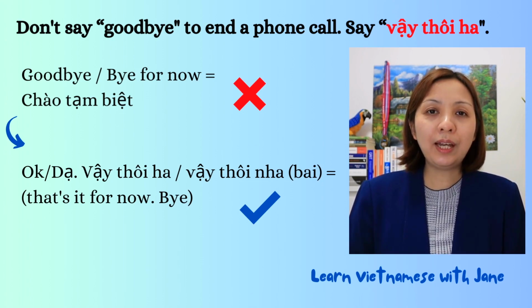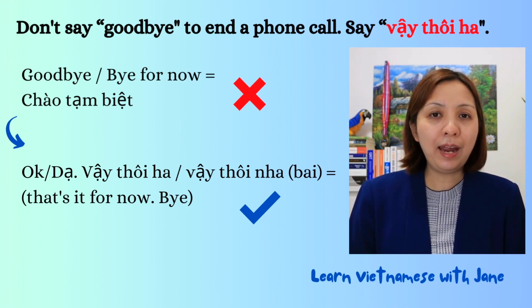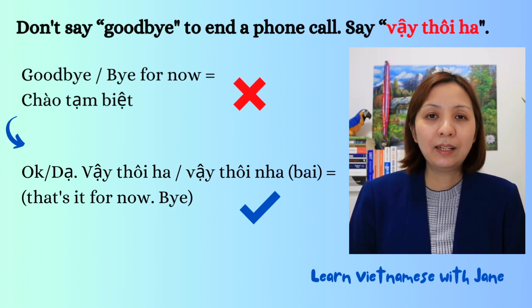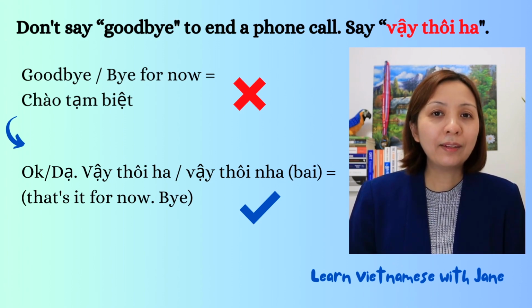And you can always add the word dạ, okay or yeah, at the beginning if you talk to someone older. So instead of saying goodbye or bye for now, you say, that's it for now, bye. So instead of saying chào tạm biệt, you say vậy thôi ha, or you say dạ, vậy thôi ha.